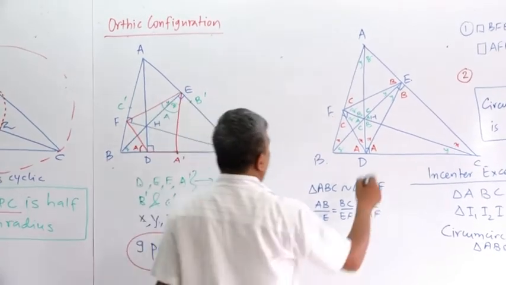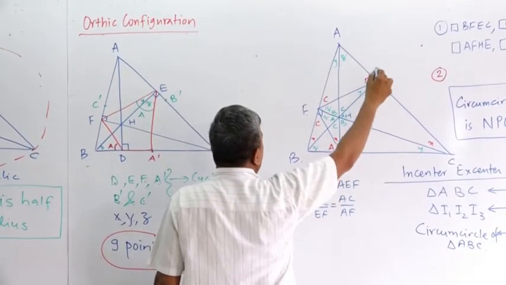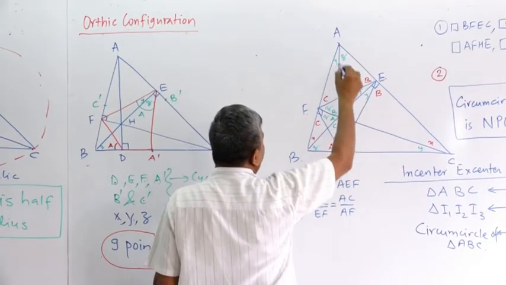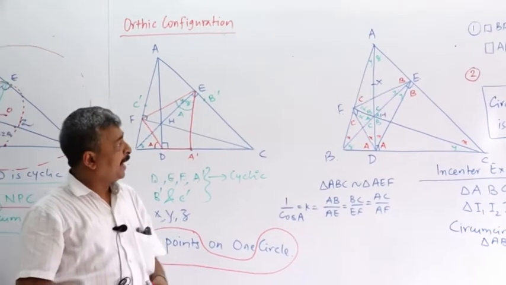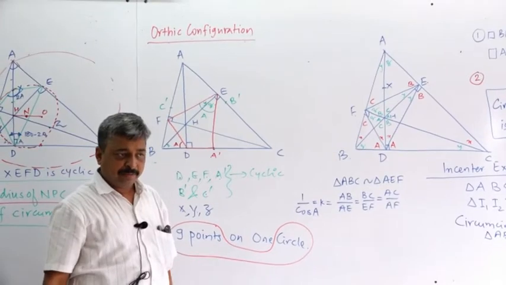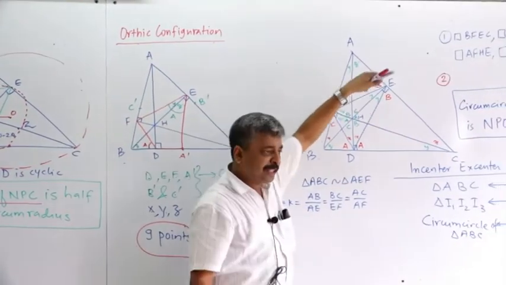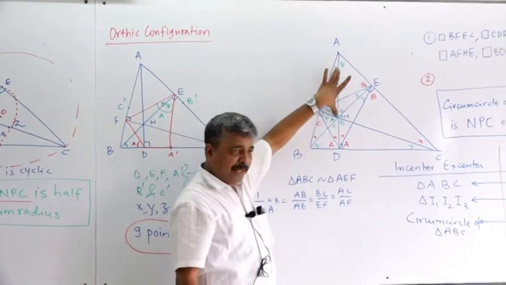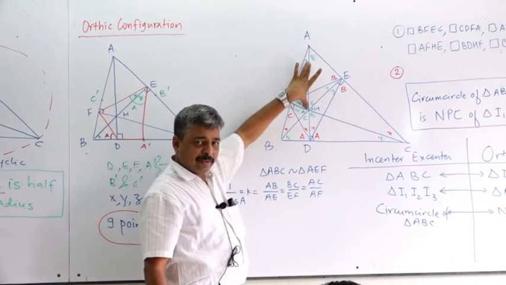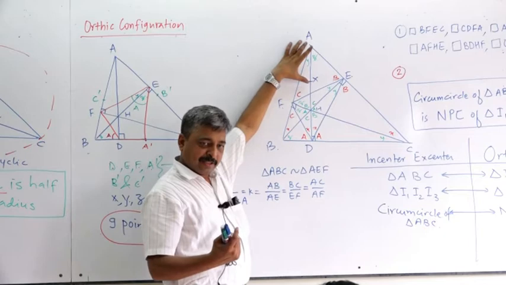Now, what is the circumradius of this circle? It is distance XA. What is the circumcircle of triangle AEF? The circle passing through A, F, H, E, of which AH is the diameter and XA is the radius.